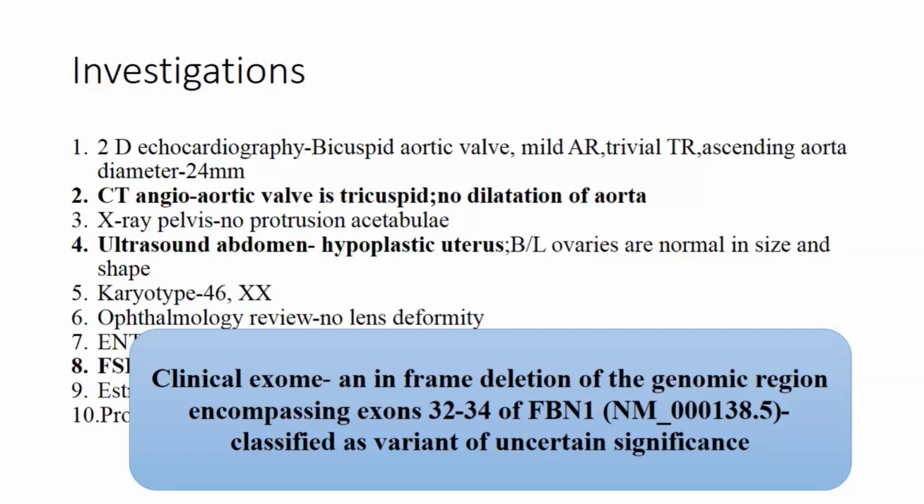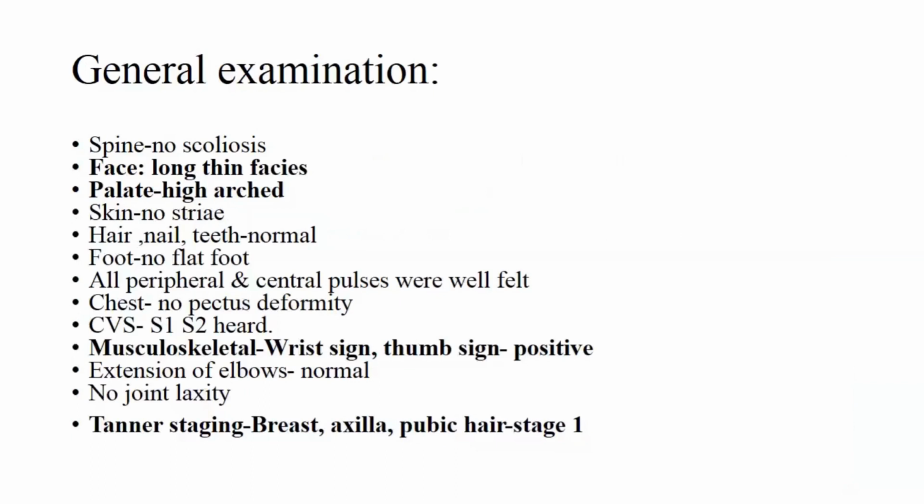So we did a 2D echocardiography, which showed a bicuspid aortic valve, mild AR, trivial TR, and they also gave us the ascending aorta diameter. But the cardiologist decided that we needed further investigation. They did a CT angio, which showed that the aortic valve is tricuspid. There is no dilatation of the aorta, right? USG showed that she has a hypoplastic uterus.